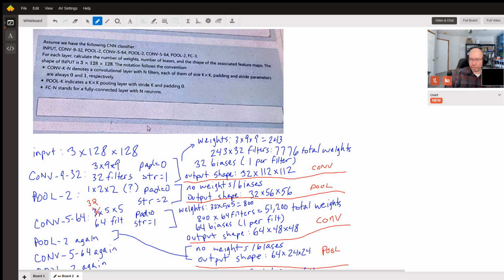Total weights. Okay, and then, all right, so again, you'd have 64 biases by the same logic as before. And so that's going to be the output shape.